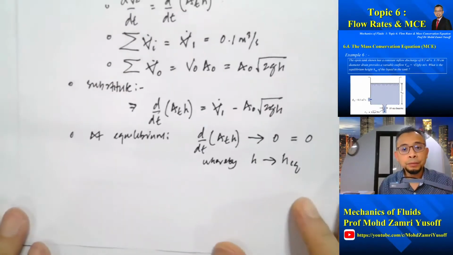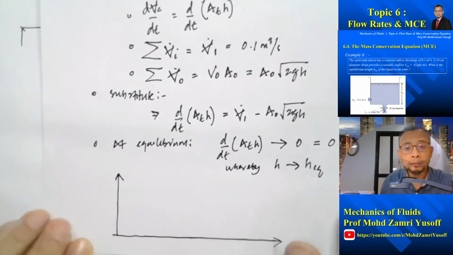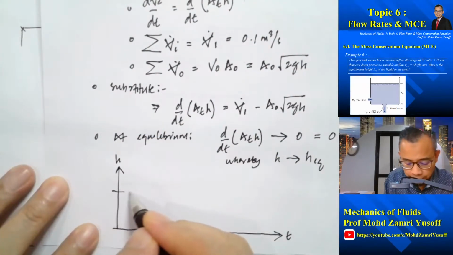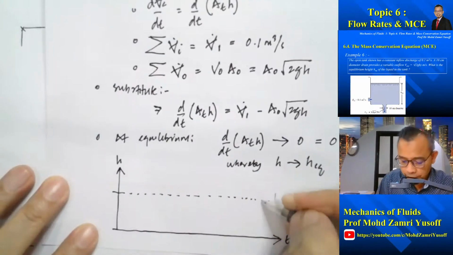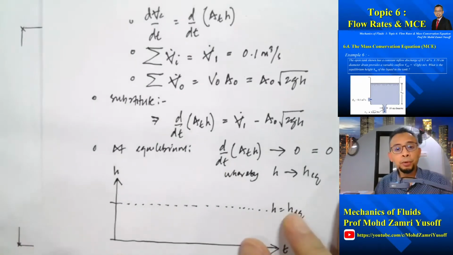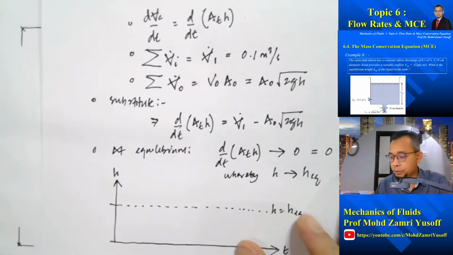So if I were to plot a graph of H against time, and let's say this is H equal to H equilibrium, the height of the water will asymptotically approach the value of H equilibrium.